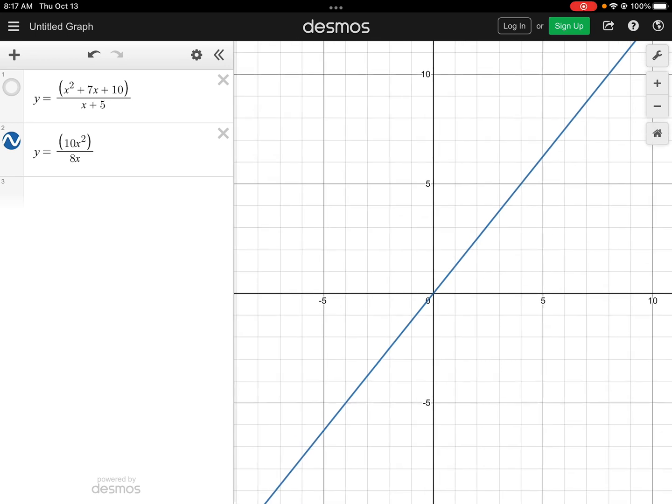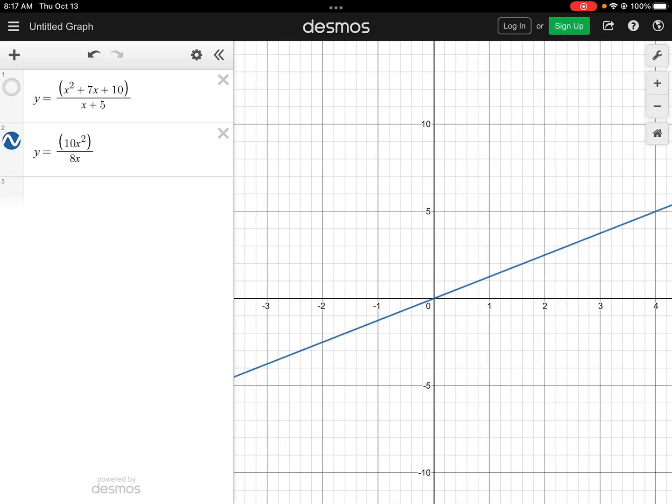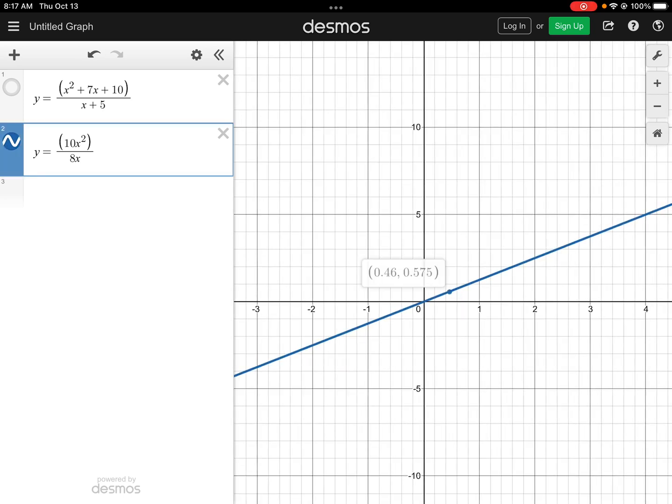If you were to narrow in on 0, check out the point. 0 is actually undefined for the y value. So if x is 0, there's no y value there. Desmos doesn't really show it, but it does show it when you try to click on it. We have a hole in our graph at 0. So this equation, 10x squared divided by 8x, produces a straight line with a hole at 0.